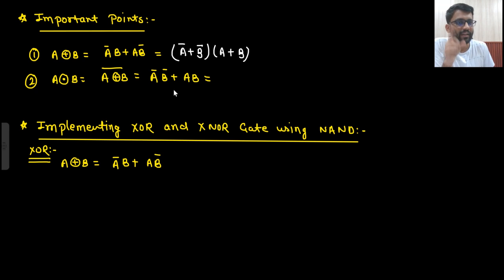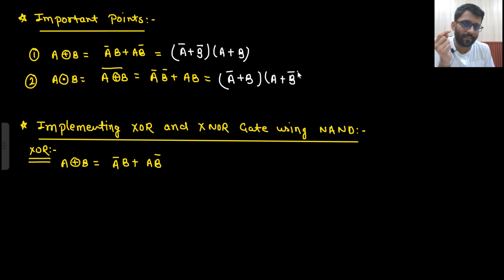Sum of product form only. If I need to write in product of sum form, then how will I write? I will remember XOR. So (A bar plus B bar) into (A plus B). That's it. Can I remember these two formulas this way? Say yes or no.